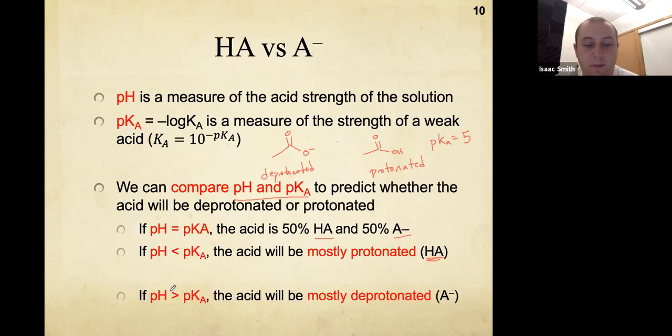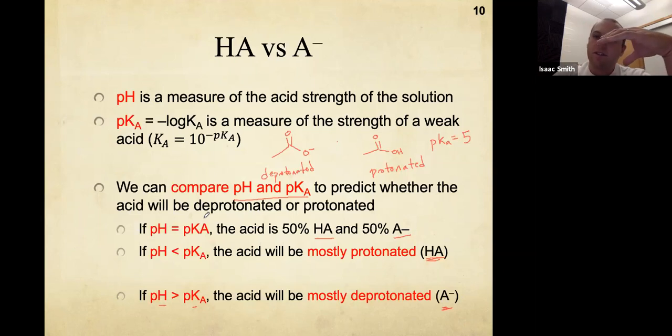If pH is greater than the pKa, then you're going to have the conjugate base form, which, again, the way to memorize it is just if pH is greater than 7, the higher the pH, the more basic the solution. So if pH is greater than pKa, you're going to have more conjugate base in the solution, okay? All right, so the pKa sets it where if the pH is equal to the pKa, you have 50-50, right?